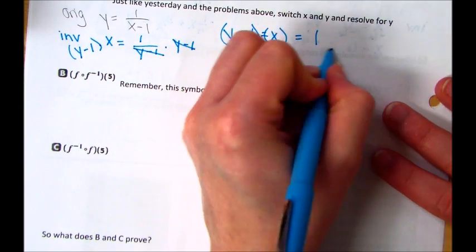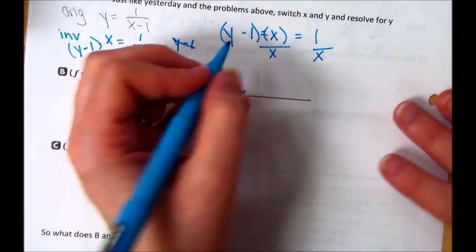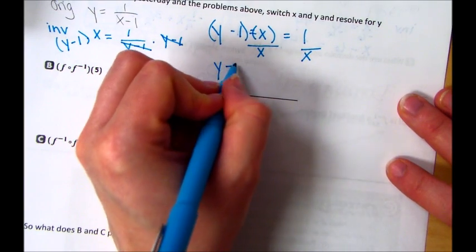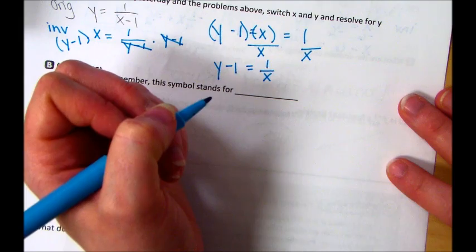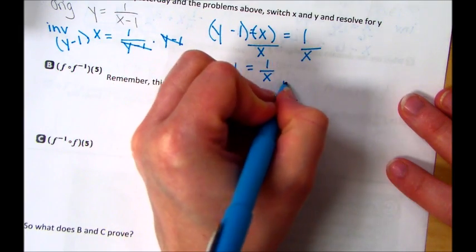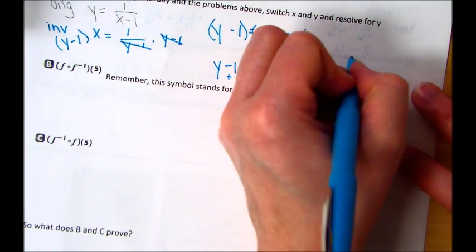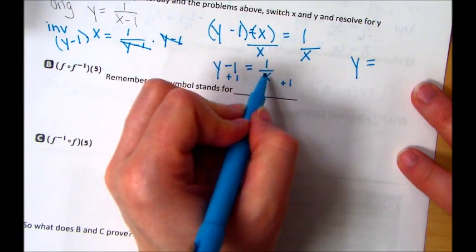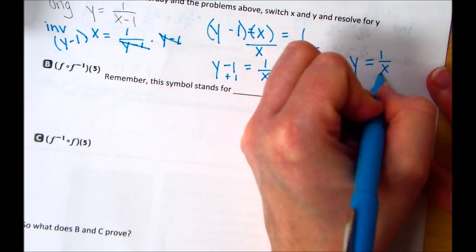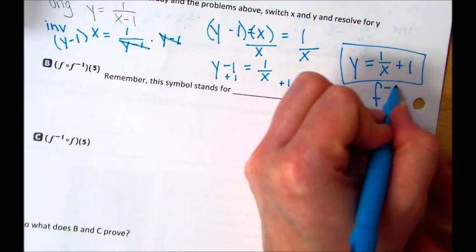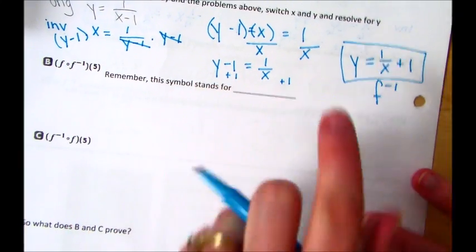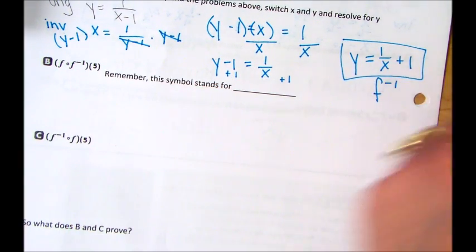Divide both sides by x, and we get y minus 1 equals 1 over x. Add 1 to both sides, and we get y equals 1 over x plus 1. This is the equation of the inverse. Just had to use your Algebra 1 skills to move the equation around a little bit.